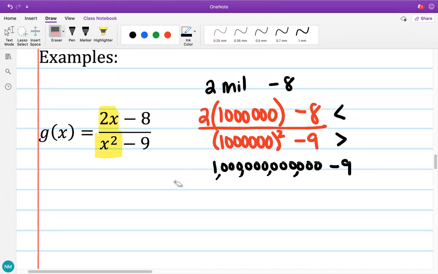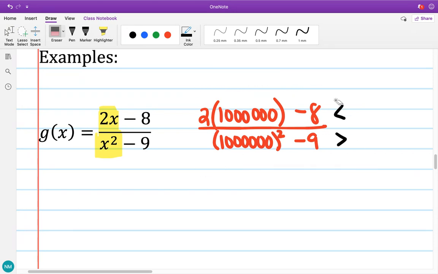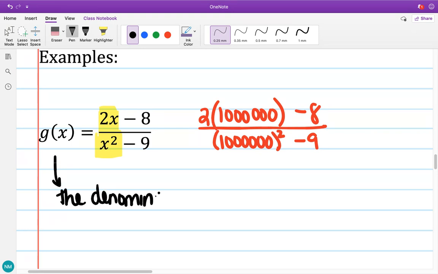So the point here is, as x for this function right here is getting infinitely larger, what is growing at a quicker rate? The numerator or the denominator? Well, for this problem, the denominator is growing at a quicker rate.